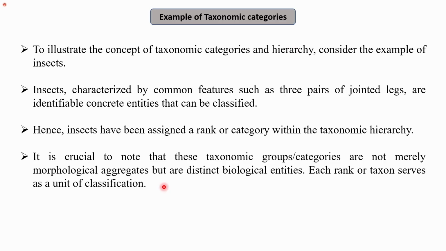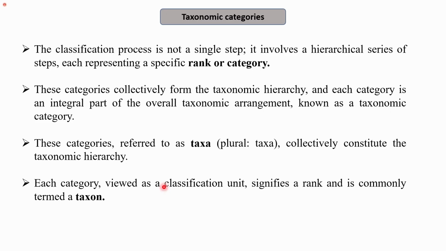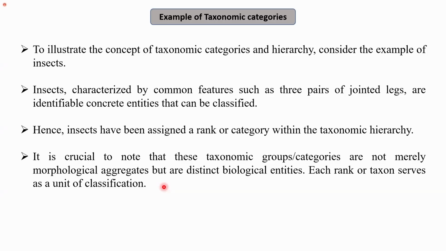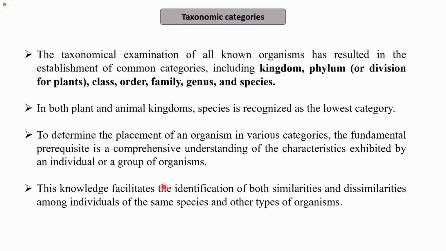So now we will learn about the different taxonomic categories that I was referring to, the different ranks or taxa that we were studying. The taxonomical classification of all the known organisms has resulted in the establishment of common categories such as kingdom, phylum (phylum is also known as division in case of plants), class, order, family, genus, and species. That is KDCOFGS: kingdom, division, class, order, family, genus, species.